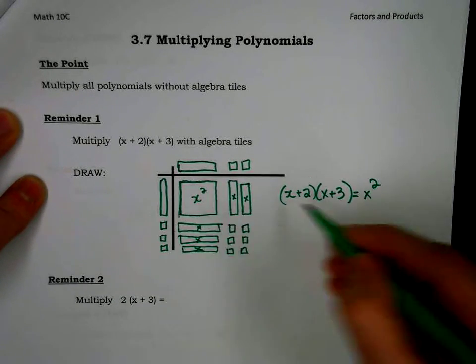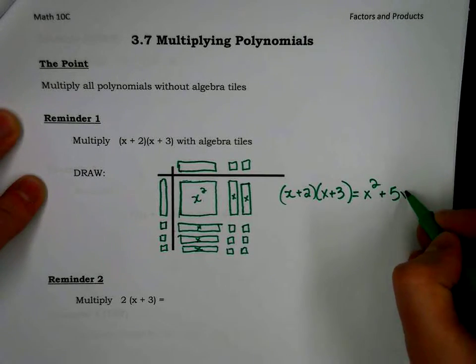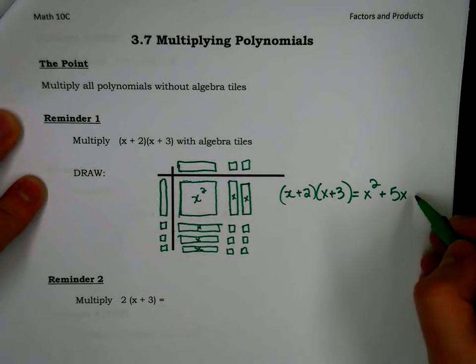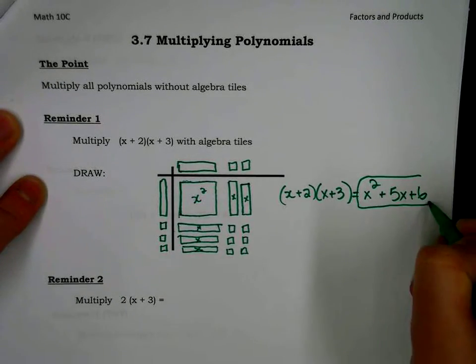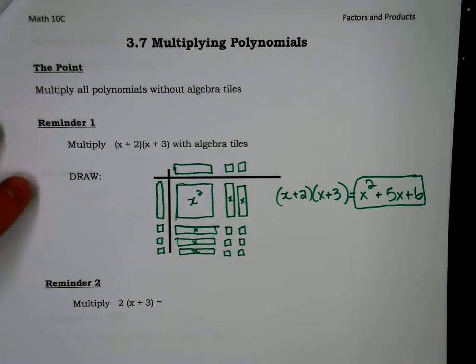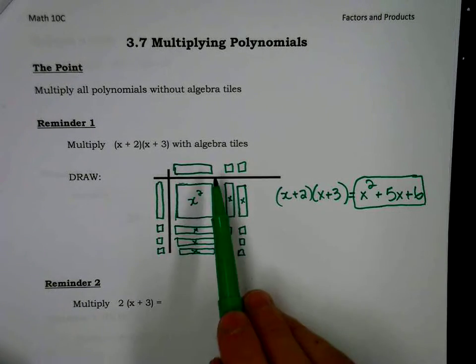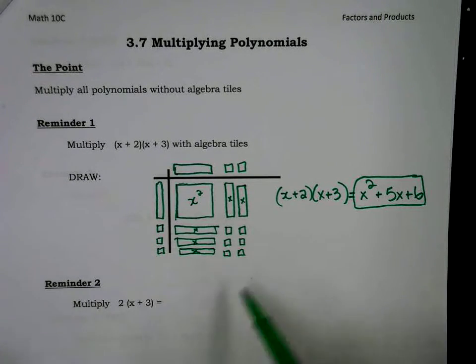There are 5 x's, and there are 6 ones. So this is the area, the result of multiplying together a binomial times a binomial using algebra tiles.